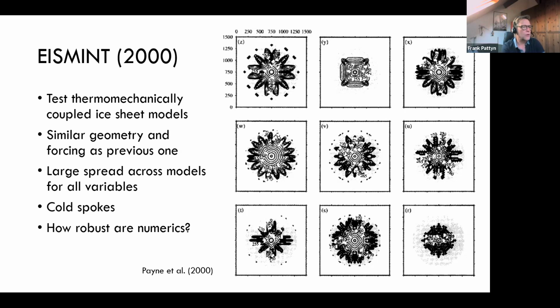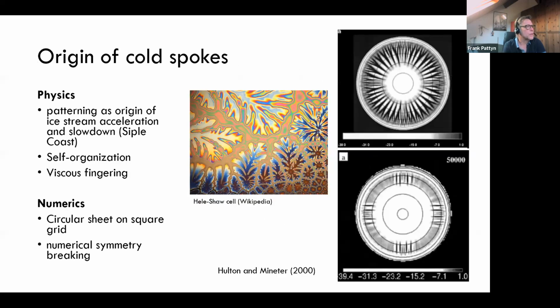But if you look at all these model results, there was a far larger spread across the models for all the variables. The amount of melt that it produced, melted or not melted, the size of the ice sheets, the velocity of these ice sheets, and also the appearance of cold spokes, as is shown in this figure, which was heavily discussed. What was the origin of these cold spokes?